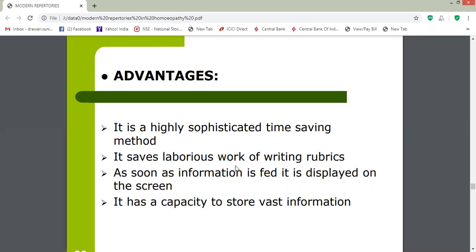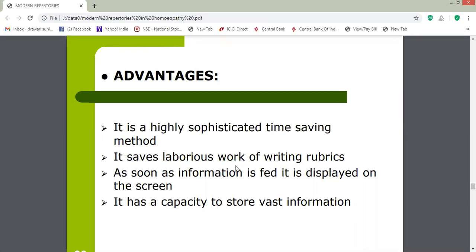Then expert systems. This is a program designed to act as an expert in a particular domain. It goes through the thinking process of experts in the field, breaking it down into suitable steps and then programming these steps into software.